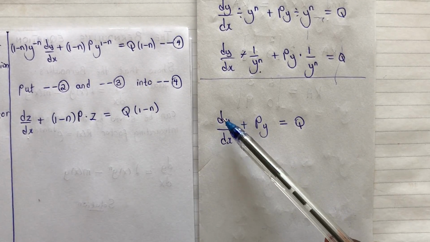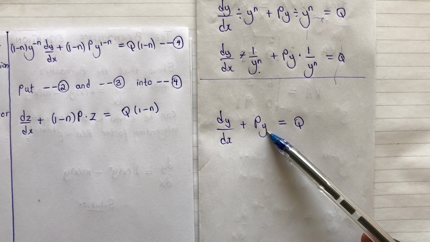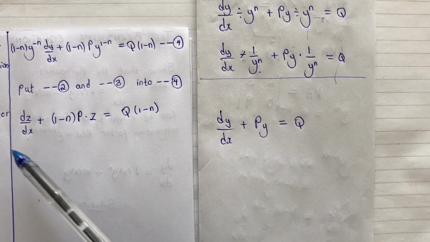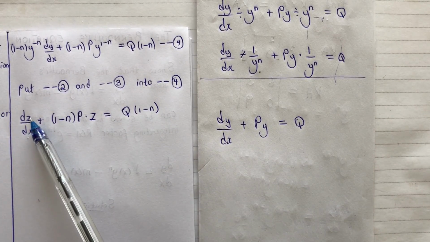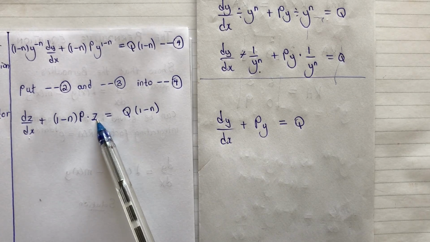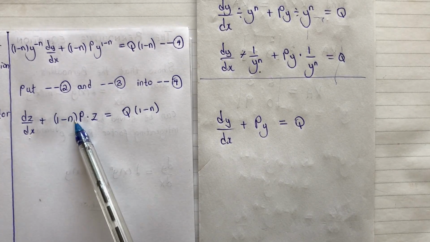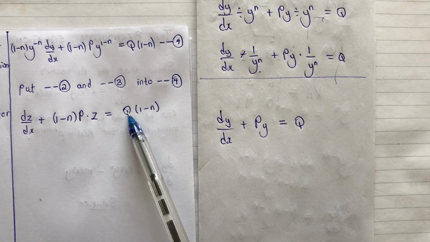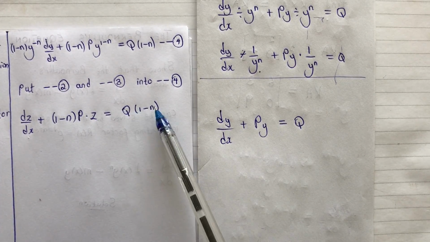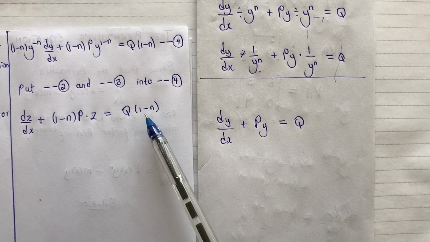Now let's compare this and see. We have the derivative function in terms of the variable y, the function q, and the function p. And when we come to this side, we have the derivative in terms of the variable z. We have the z variable, and we have the function (1 minus n) p, the function q times (1 minus n). Now remember that the bracket we have here is 1 minus n. n is a number.